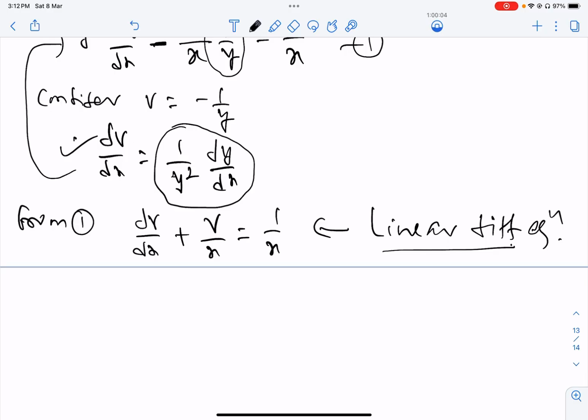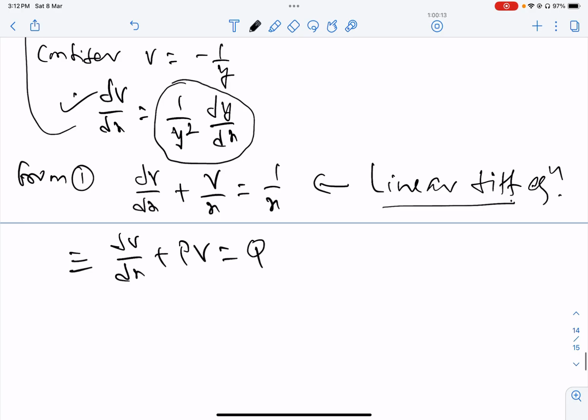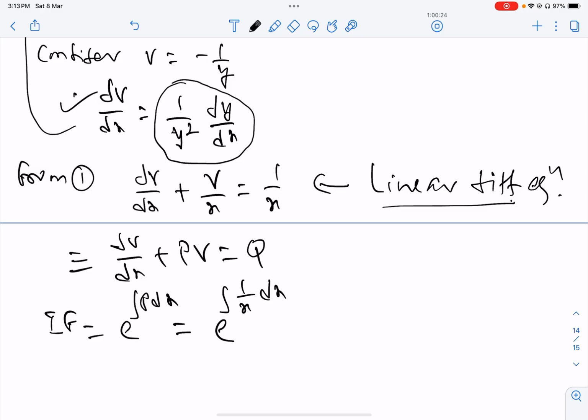It is dv by dx plus pv equal to q kind. So what is the integrating factor? E power integration p dx. So it is e power integration 1 upon x, so it is e power log x, and so that is nothing but x.